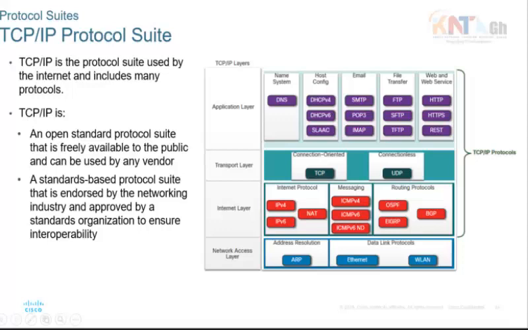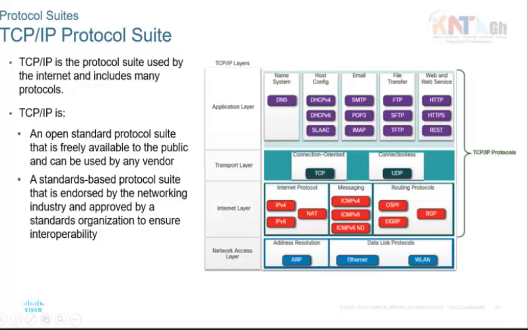And then for messaging, Internet Control Message Protocol, version 4, version 6. And then you have OSPF, Open Shortest Path First. For routing protocols, you also have Enhanced Interior Gateway Routing Protocol, which is a proprietary protocol for Cisco. And then you have the Border Gateway Protocol.